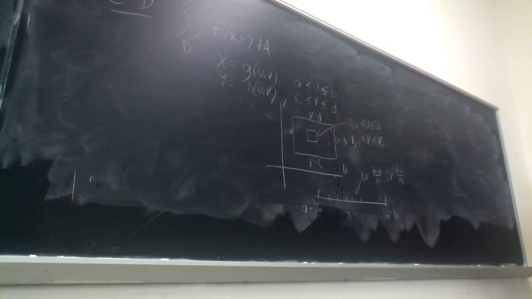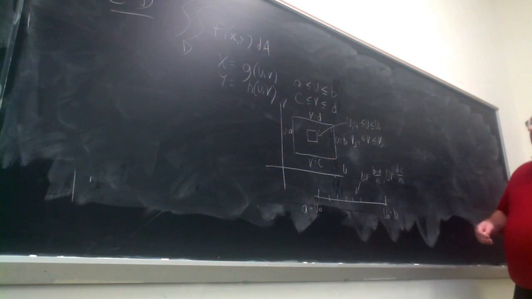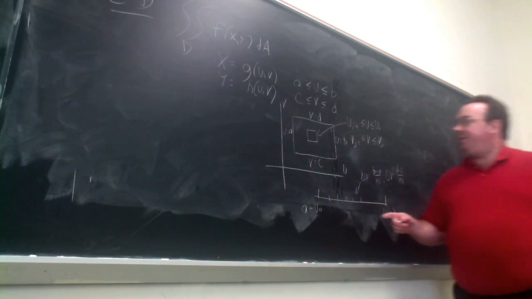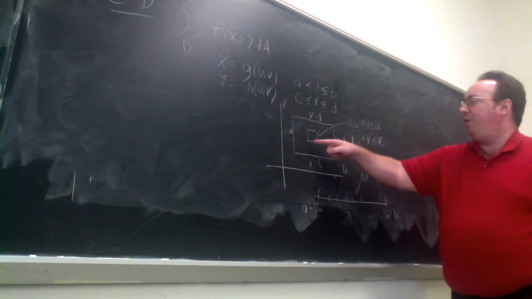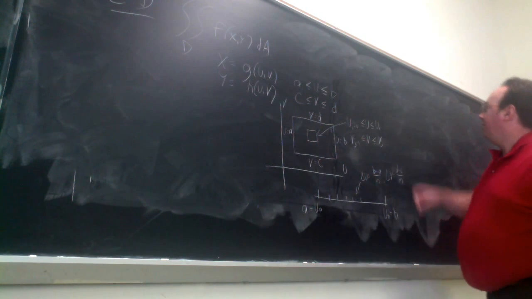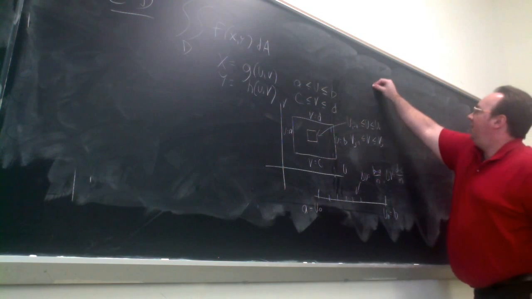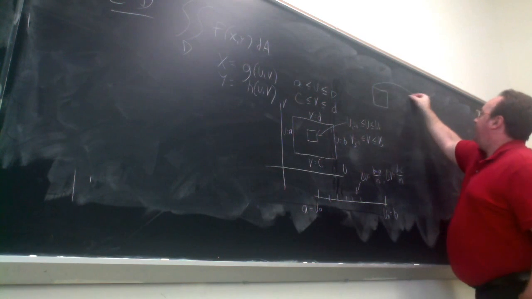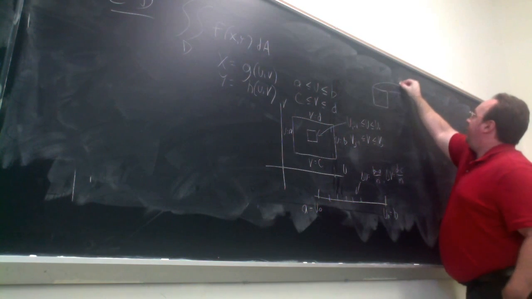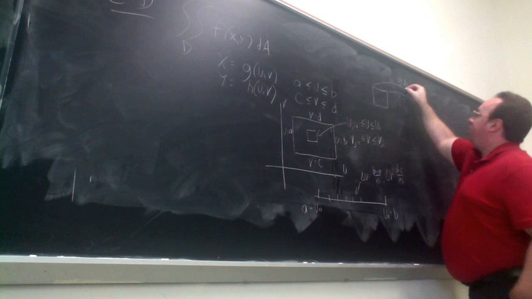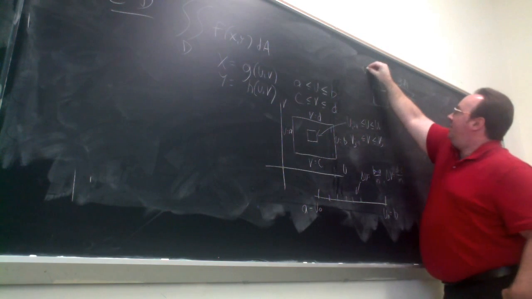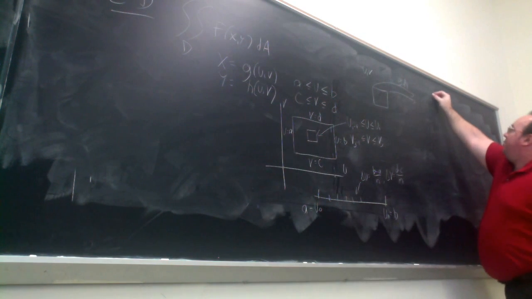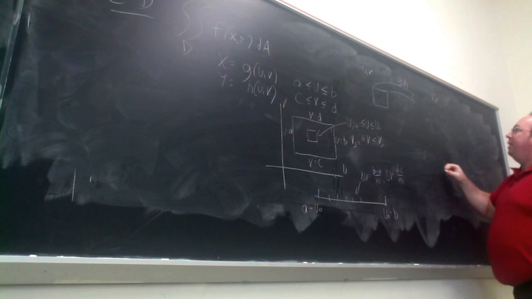Okay. So what happens is, if we take these 4 points, the corners of this rectangle, and we map those by plugging into the functions g and h. So here we have uv space mapped into xy space.